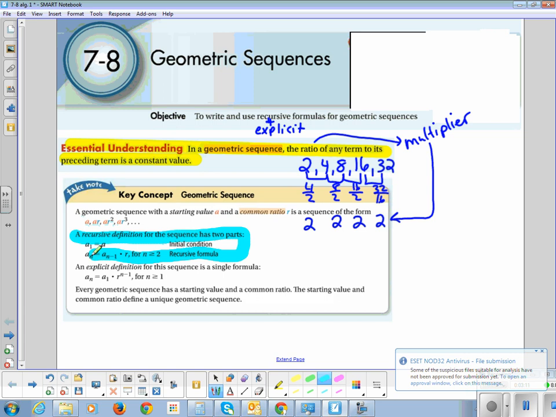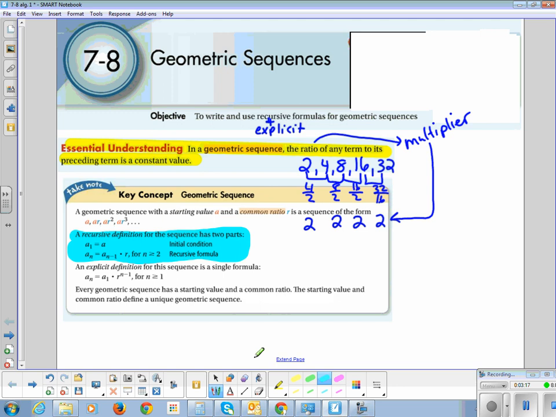So a recursive formula says, how do I get from my current term to the next one? So all you care about is the term you're on and the one right next to it. You don't care about anything else, just that process.